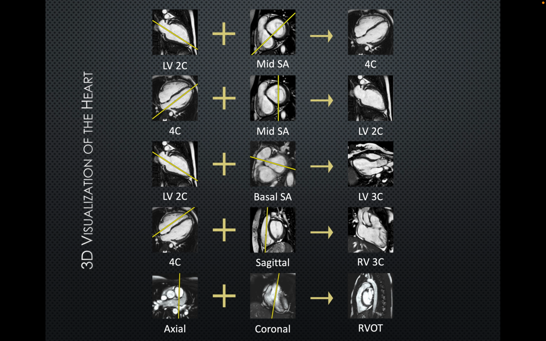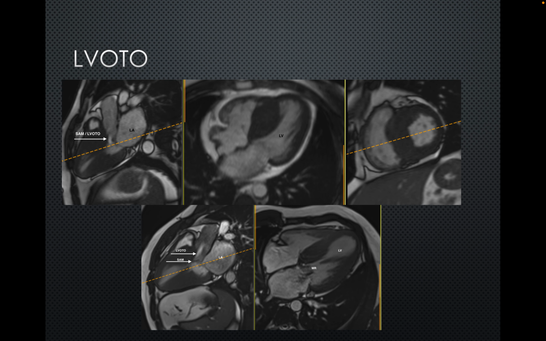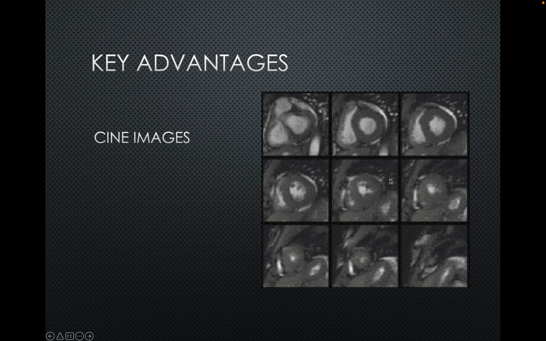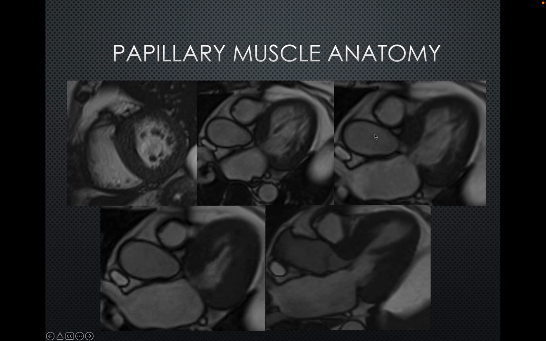Not only the outflow obstruction, but MRI could also give hints about the anatomy of the papillary muscles. This is through the 3D visualization of the heart, as well as good quality and resolution between the myocardium and the blood pool.